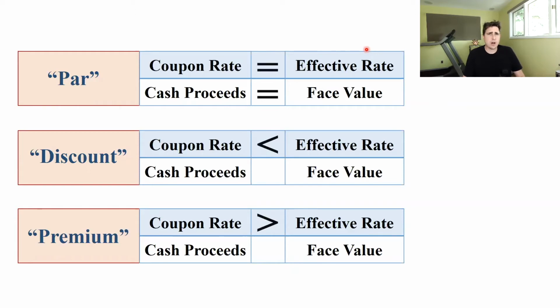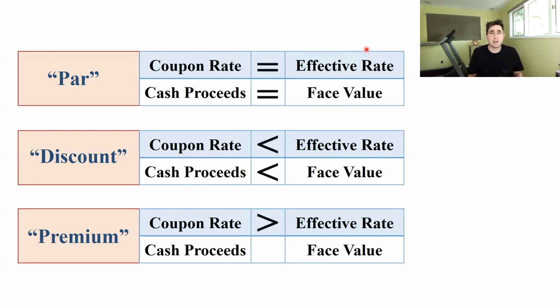But if the company is offering very small coupon payments, the only way for me to achieve that rate of return is by giving them a small amount of money up front. So if the coupon rate is poor compared to the effective rate I'm looking for, in order for me to get my required rate of return, I need to lend the company a small amount of money. So those cash proceeds are going to be low relative to face value.